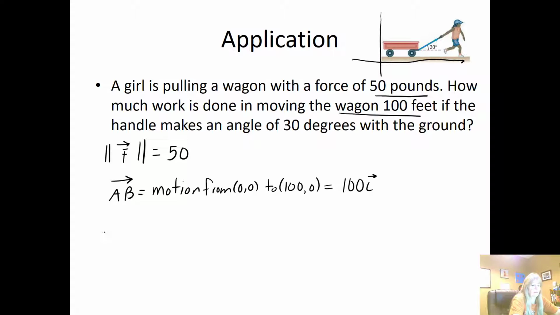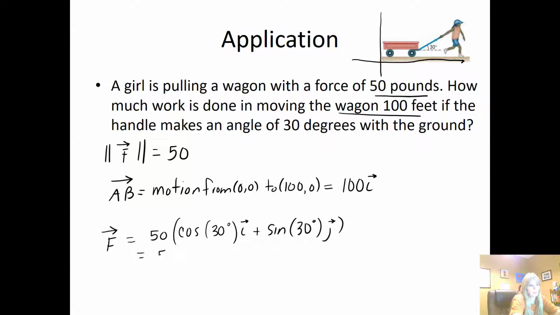And thus I can find my force vector by the magnitude times cosine of my angle, 30 degrees, i plus sine of 30 degrees, j.